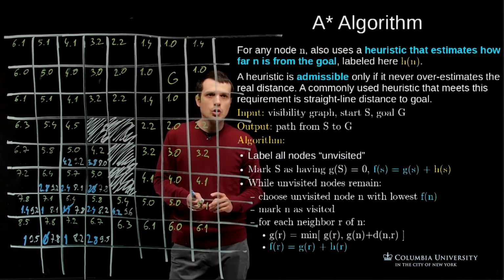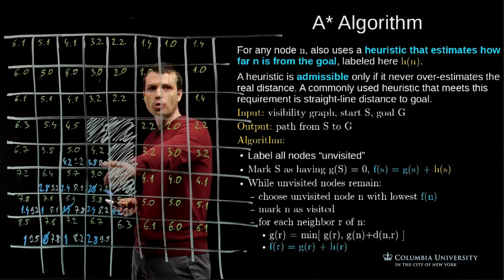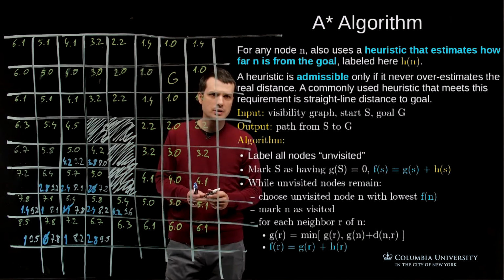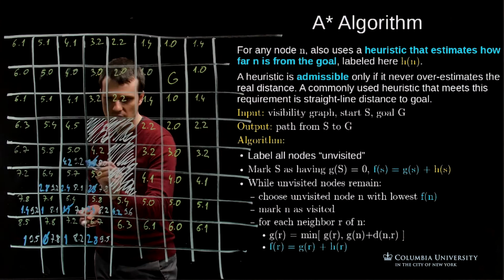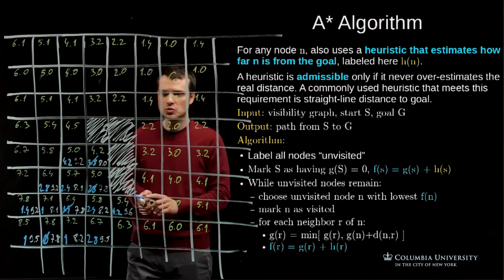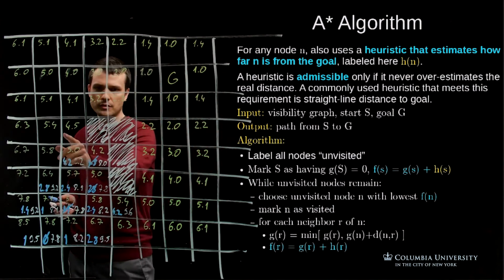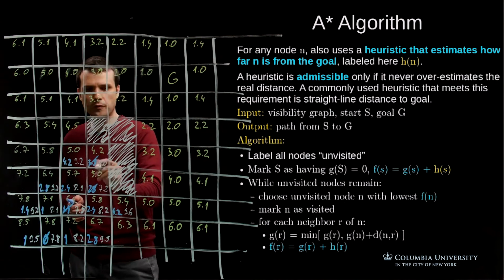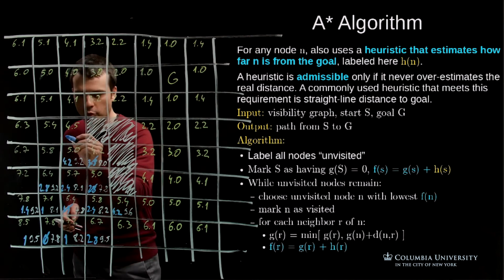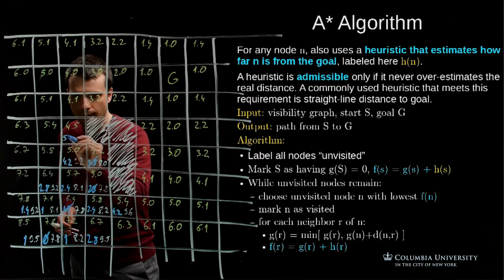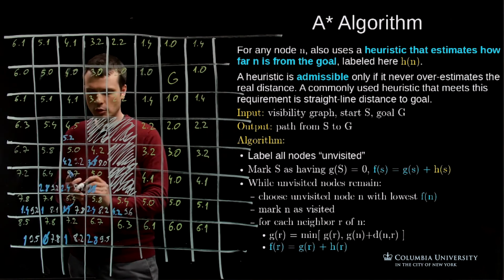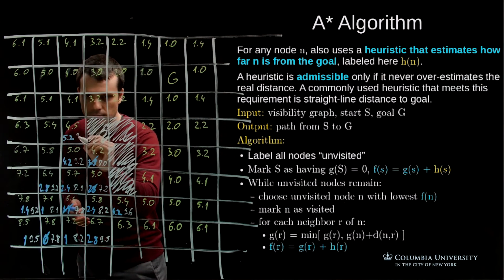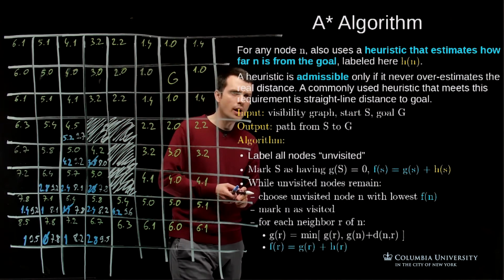Okay. Who do I visit next? This 8.0 is the lowest white number that I have, so I'm going to visit this guy next. What about neighbors? Well, the only neighbor that I haven't visited is this guy. So 4.8, I'm going to have a 5.2 path. And then if I add these two numbers up, I'm going to get a 9.7. Okay, what happens next?